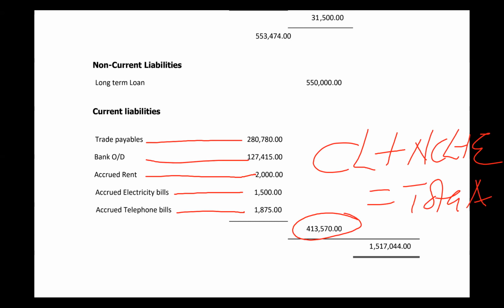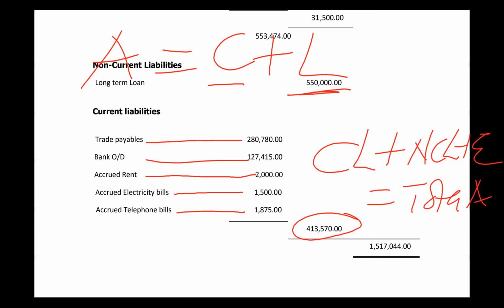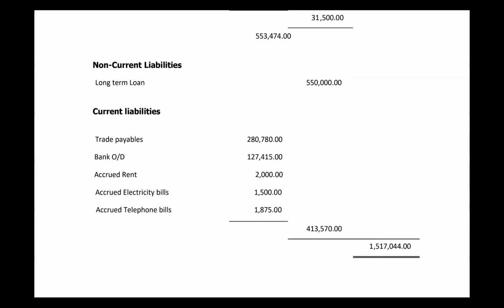The accounting equation that you are following is assets equal to capital plus liability. You're following, eh? So when you add the last part for capital and equity plus the one for liability, they are equal to total assets, which is true. These figures are tallying. So that's it.